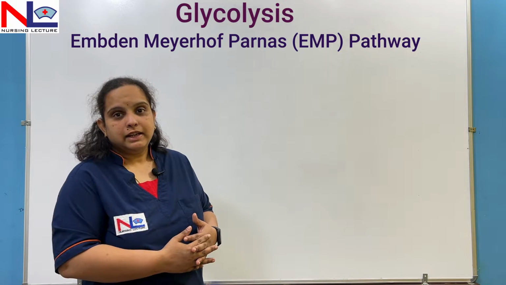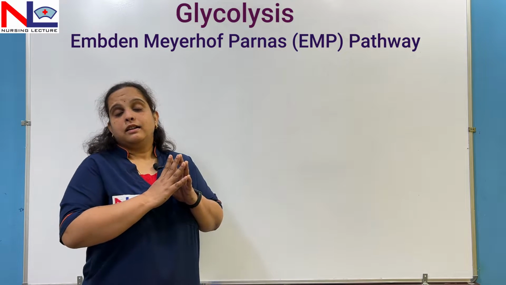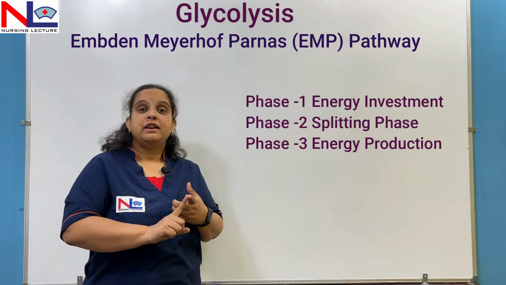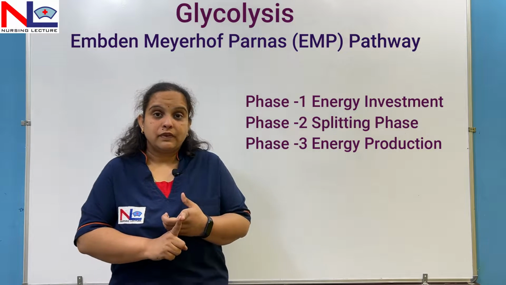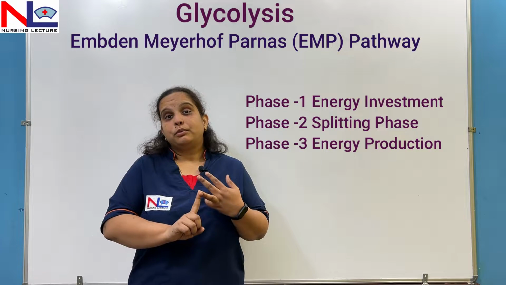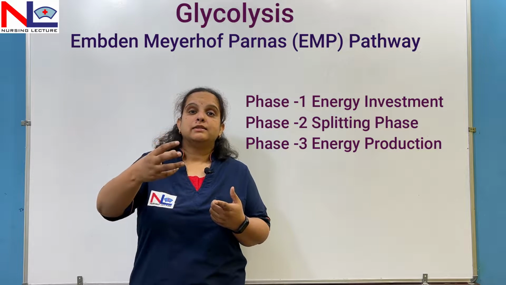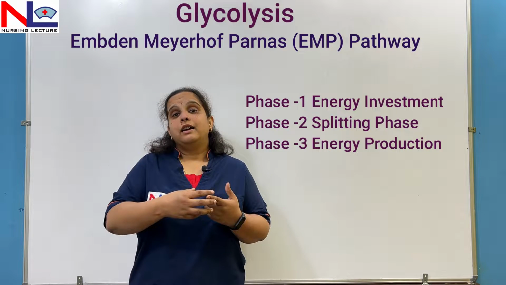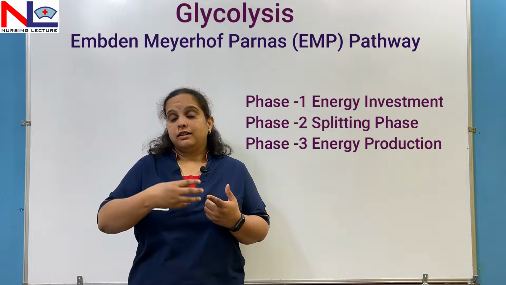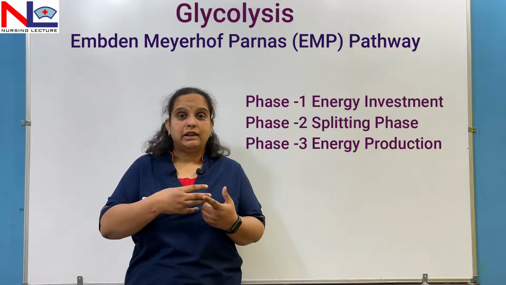First, we'll see that this glycolysis pathway runs in 3 phases: first is the energy consuming, or utilizing, phase, second is the splitting phase, and third is the energy producing phase. In the energy consuming phase, before glucose gets oxidized, it starts using some energy in the form of ATP.